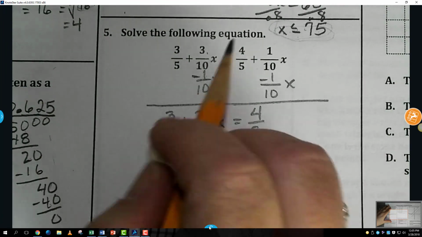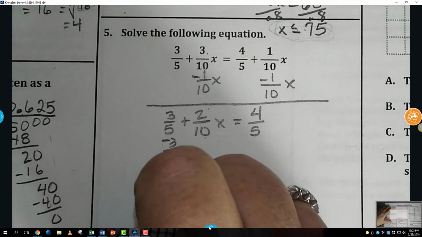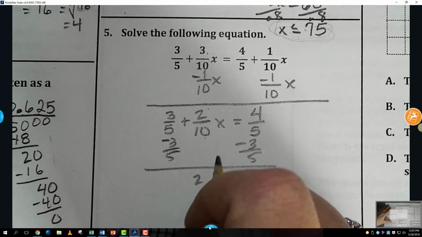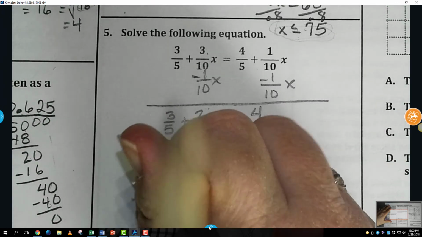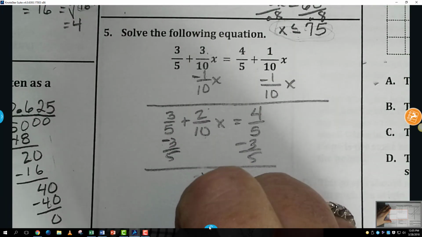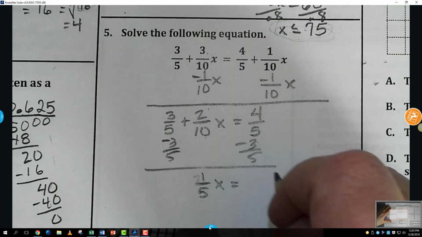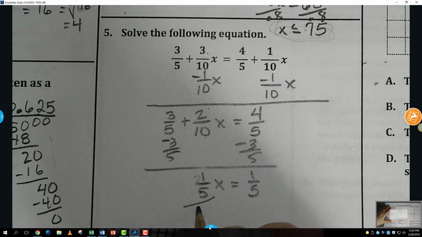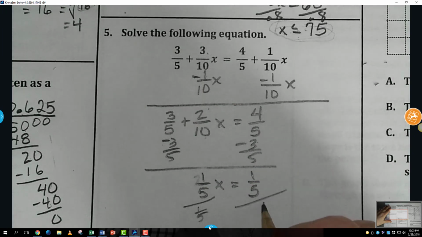Then I need to isolate the variable. So I will get 2/10. I'm going to go ahead and simplify that to 1/5. I'm going to get 1/5 X equals 1/5. Then divide both sides by 1/5. And I'm going to get X equals 1.